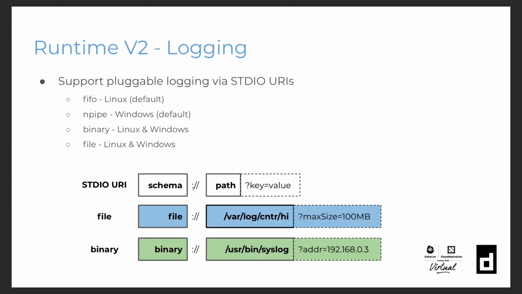So if the user uses file as the scheme, with the file name as the path, the shim will write the log data into the file directly. And if binary is the scheme, the shim will set up a background long-running process to handle the log, like a system log exporter. Those two schemes are optional for the runtime author.